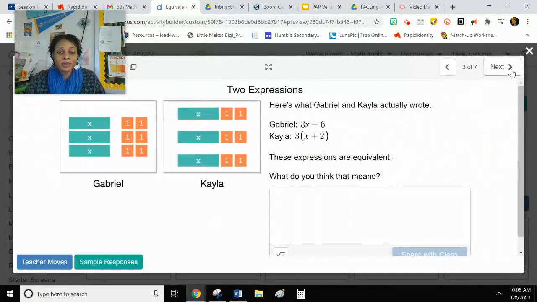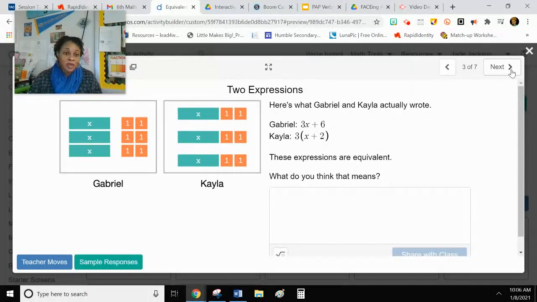Here's what Gabriel and Kayla actually wrote. These expressions are equivalent. What do you think that means? What does equivalent mean? Elaborate and type it in the box. So we know equivalent means the same amount, but regardless of what the value of X is, if X is 2, X is 3, X is 4, X is 25, if you look at Gabriel's tiles and Kayla's tiles, they have the same tiles and the same types of tiles.